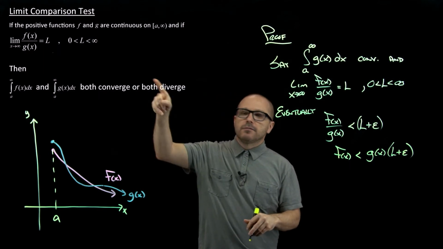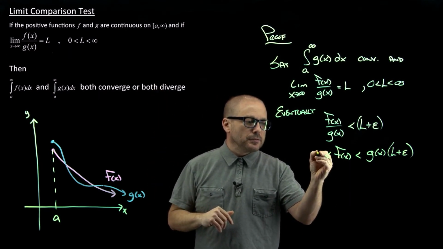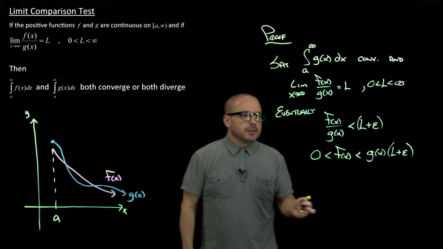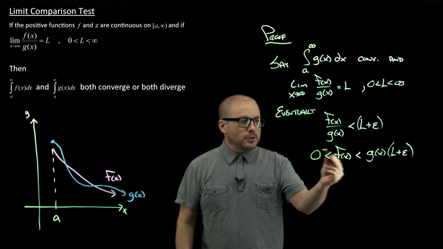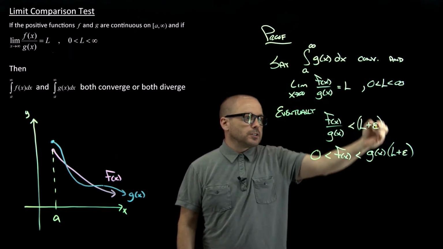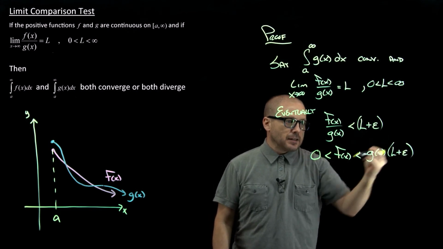But we also know from the statement that these guys are positive. So now what do we have? We have f is bigger than 0 but less than this, but we know that the integral of g converges. And this is just some constant.